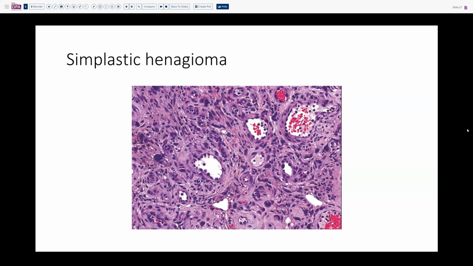So just about finished here. The symplastic hemangioma, not a henangioma, sorry about my spelling there, is a usually sort of, as you might expect, kind of a degenerative phenomenon.